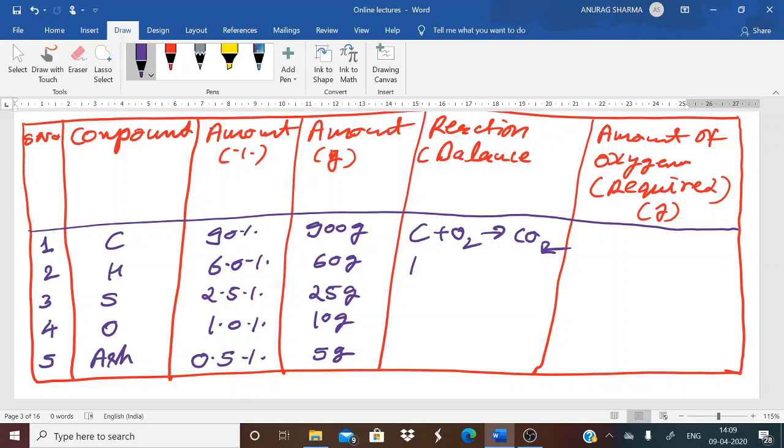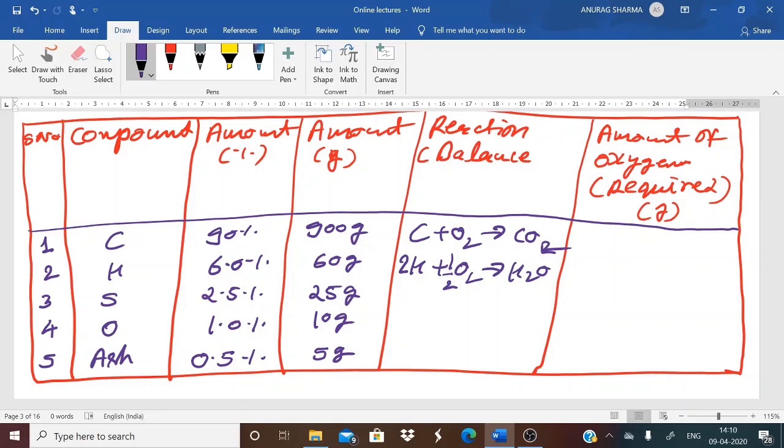Now hydrogen when it reacts with oxygen, the product will be H2O. But this is not a balanced reaction, so we will put half before oxygen and 2 before hydrogen. Now this is balanced.